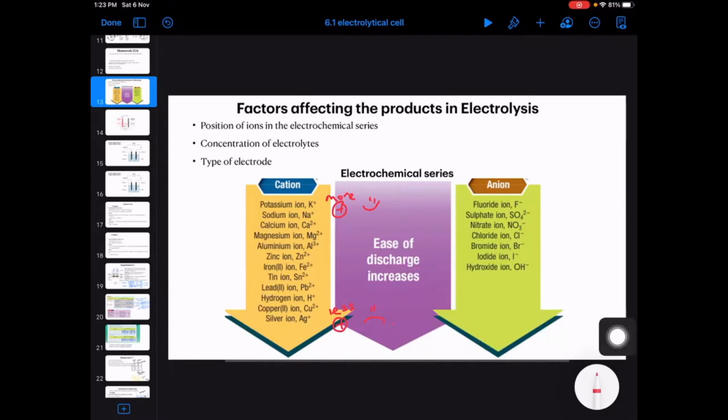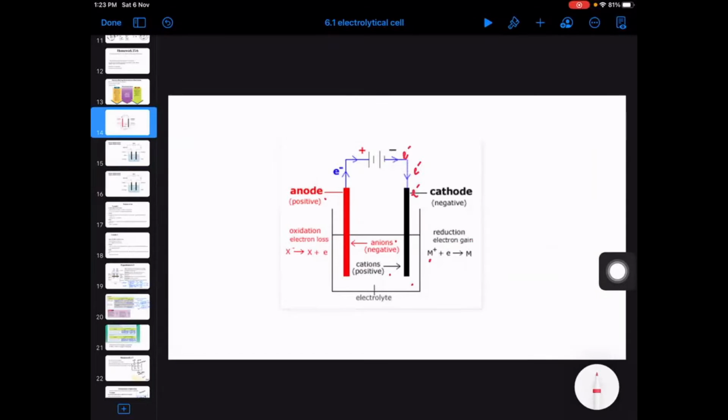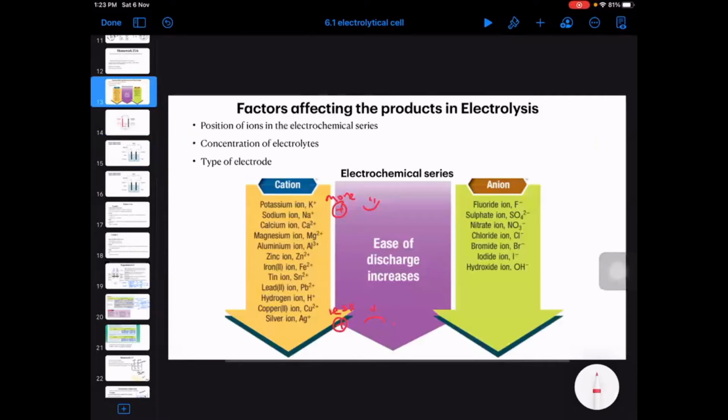So back to the question. I have to choose between sodium ion and hydrogen ion. Sodium ion is here, hydrogen ion is here. So very obviously, sodium is more electropositive. Hydrogen is less electropositive. So the hydrogen ion doesn't like to be a positive ion because it's less electropositive.